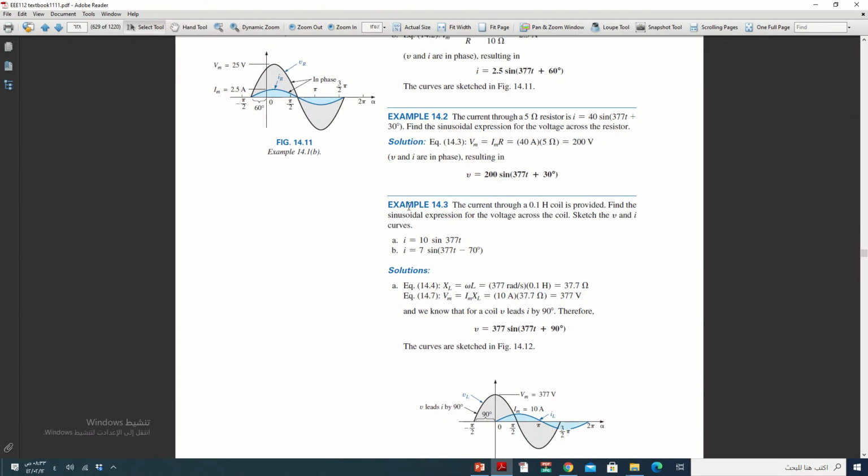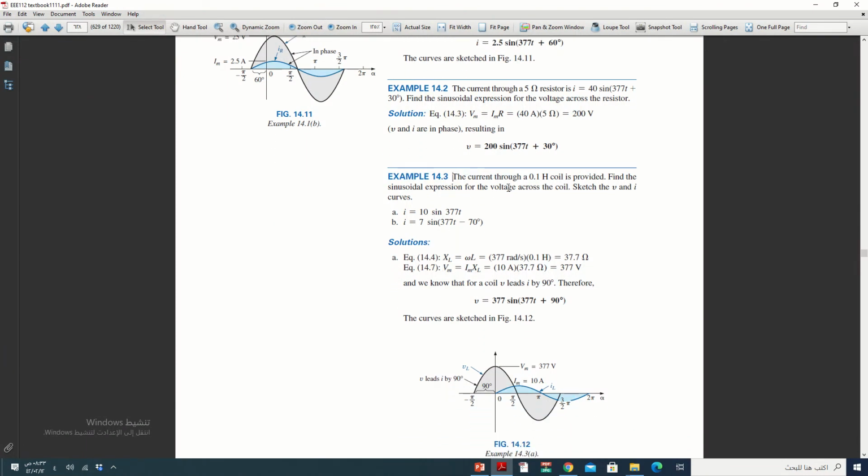Here is an example for the inductor, 14.3. The current through a 0.1 Henry coil, which is L, is provided. Find the sinusoidal expression for the voltage across the coil. Sketch the V and I curves. I equals 10 sine 377 t.